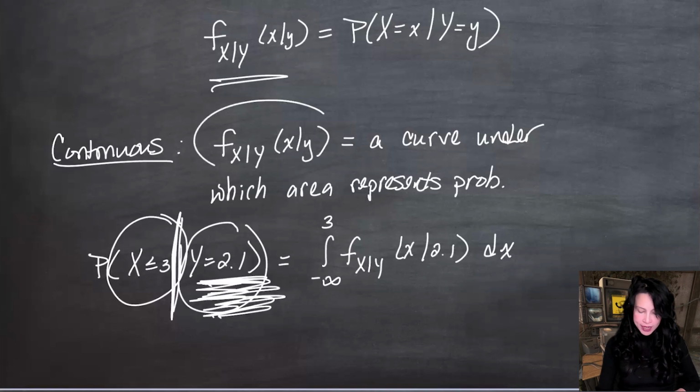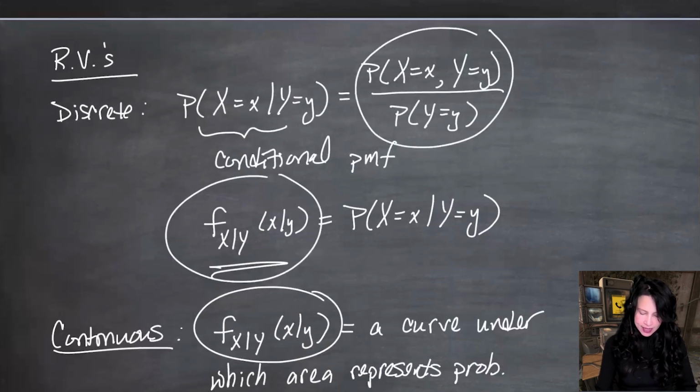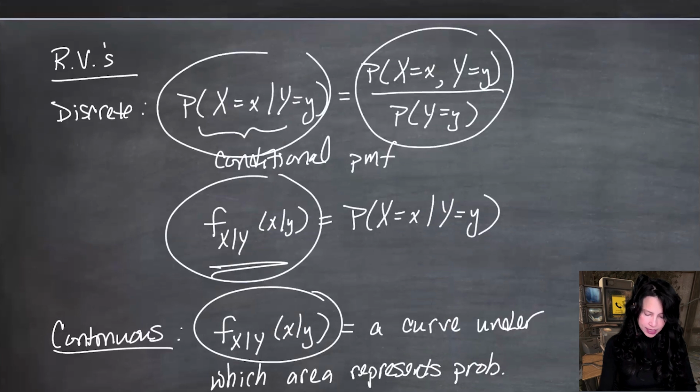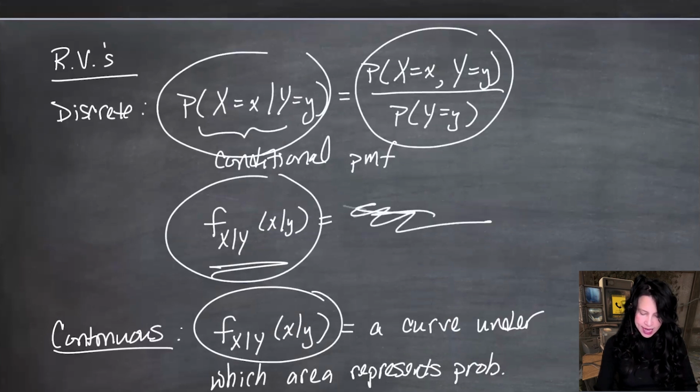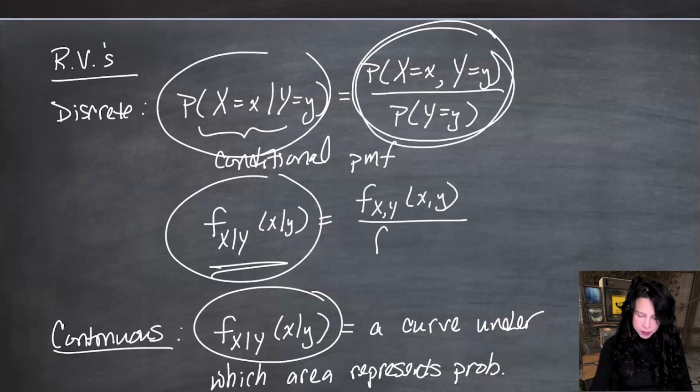So how do we get this? We get this analogously to what we did up here. This is our notation for this. And this is kind of messy, I'm sorry. And we can write it in terms of PDFs. Using this would be the joint PDF over the marginal PDF for y.